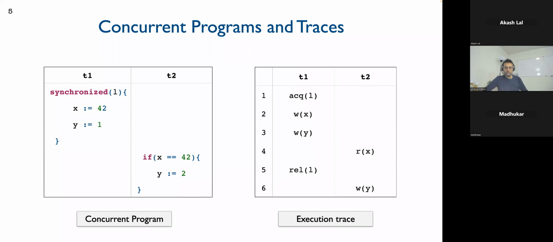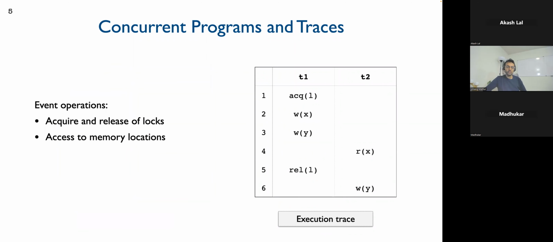And of course, this is an example of an execution. An execution of such a program is basically a sequence of events. Every event tells you what is the thread that performs the event, and what is the operation that was performed in that event.